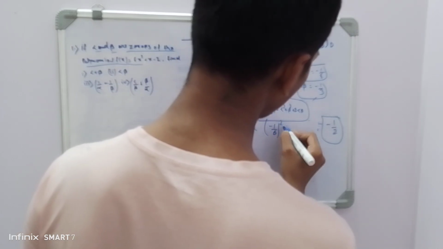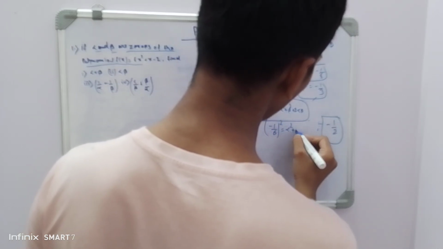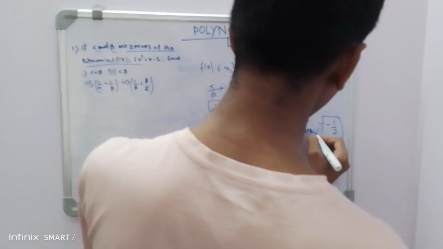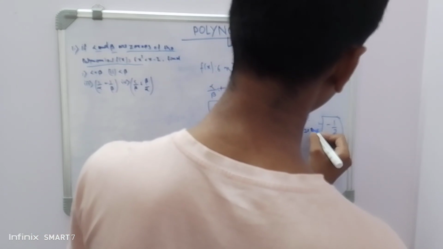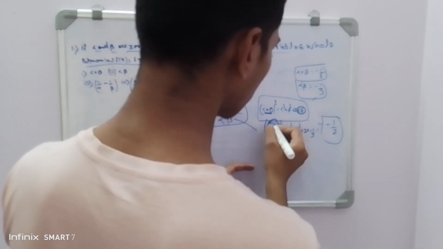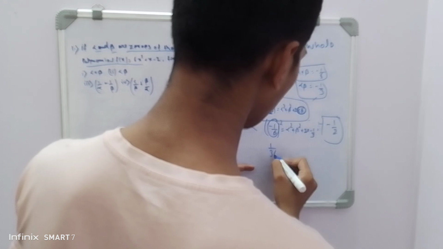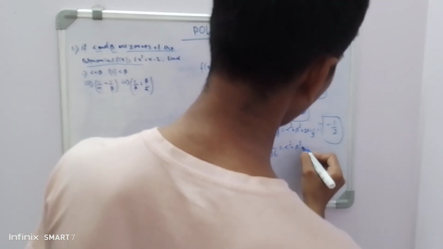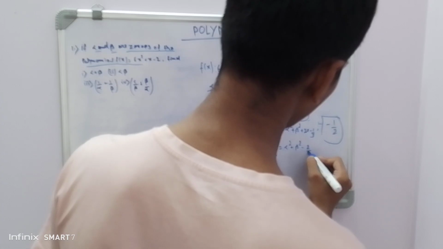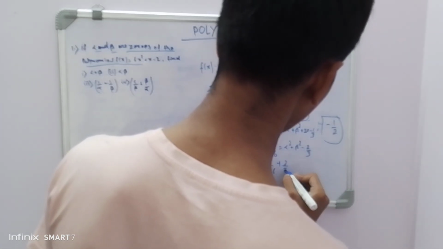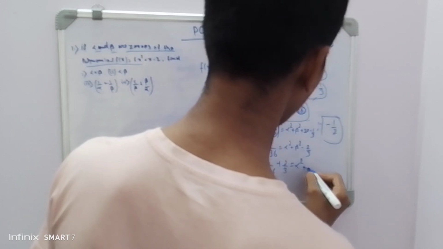So the square of this is going to be alpha square plus beta square plus 2 into, and you also know the value of alpha into beta, which is -1/3. So the square of this is 1/36, equal to alpha square plus beta square minus 2/3.